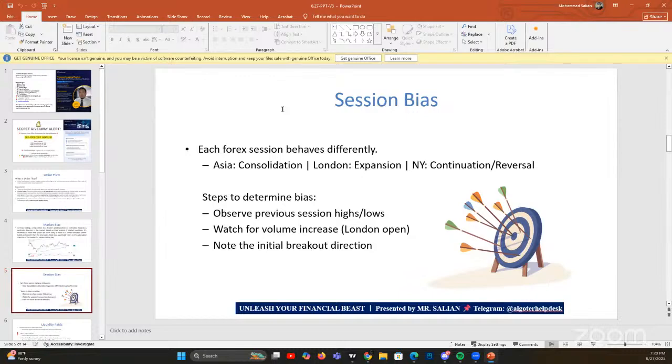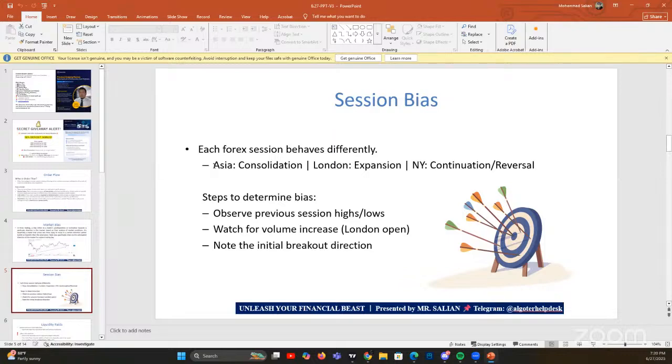Each forex session behaves differently. For Asia, it's consolidation or accumulation. There's low volume during these times, and all the orders are just piling up. Usually they are just ranging. There's an equal amount of buyers and an equal amount of sellers. So if you look at the chart, it's just inside this range.